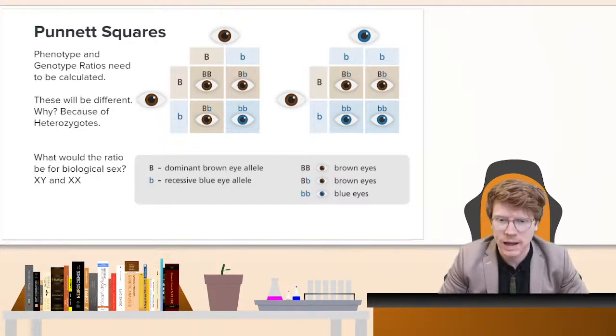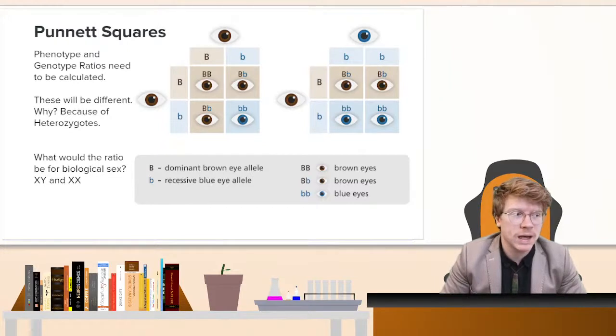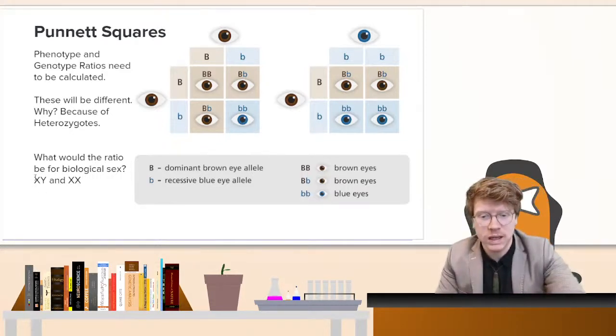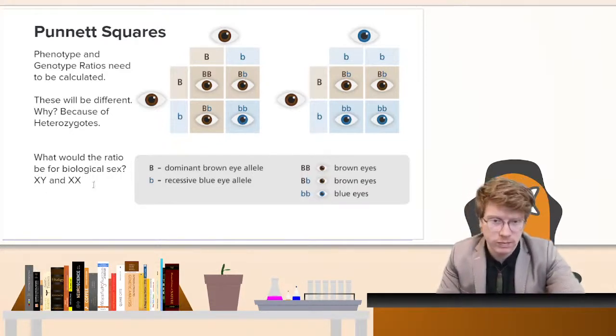The other thing to think about is biological sex. So sex determination and why the probability of giving birth to a child that is XX or XY is 50-50. And you can do that by plotting these chromosomes into these boxes.